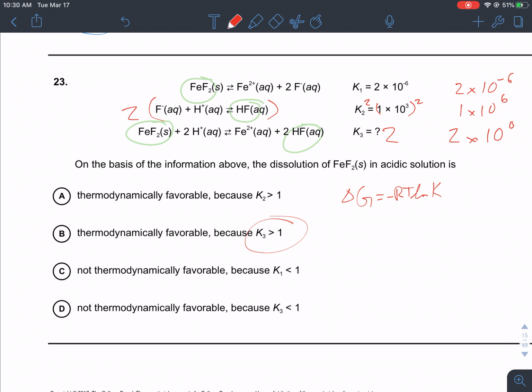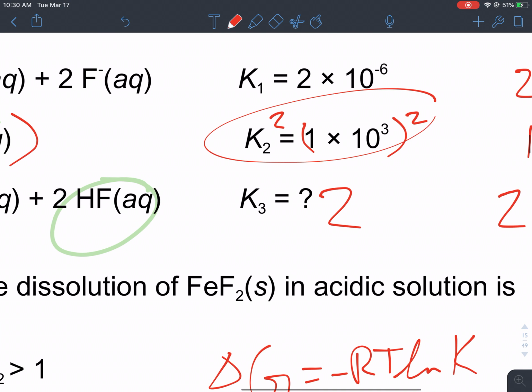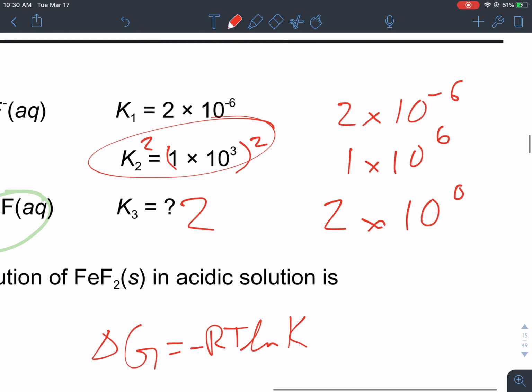It matters that your K is greater than 1. If your K is greater than 1, then your ln K is positive. So that means overall, your RT ln K is negative because of the negative sign, and the delta G is negative as well. It is thermodynamically favorable. Notice that if you didn't know how to do that, these would not cancel out.